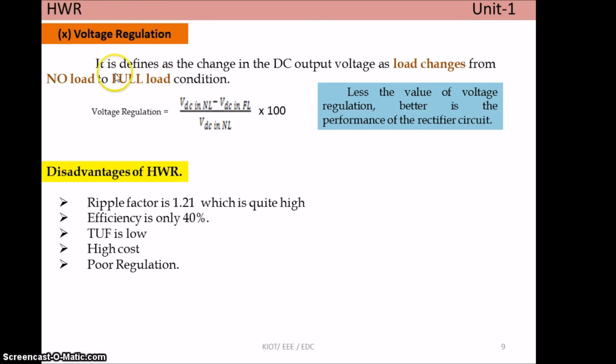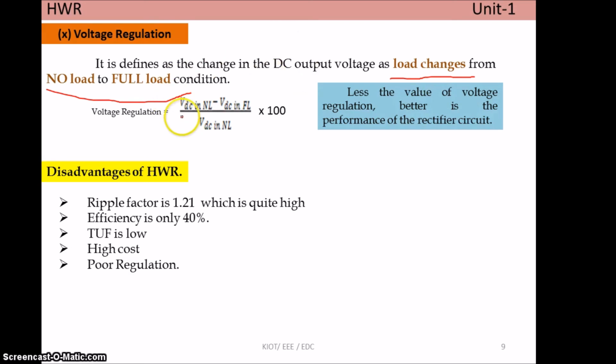By definition, it is the change in DC output voltage as the load changes from no load to full load. We voluntarily change the load from no load to 20%, 50%, 80% and then 100%, and observe how the voltage at the output terminal changes.